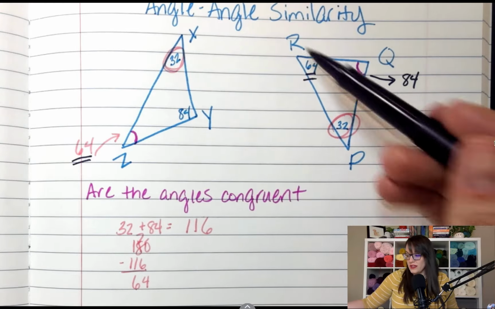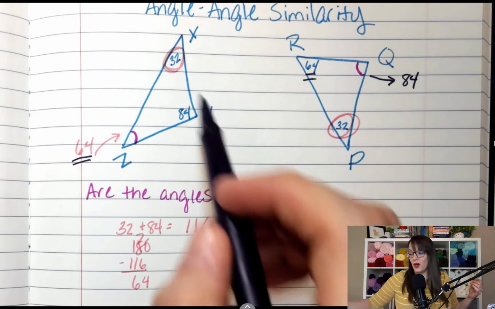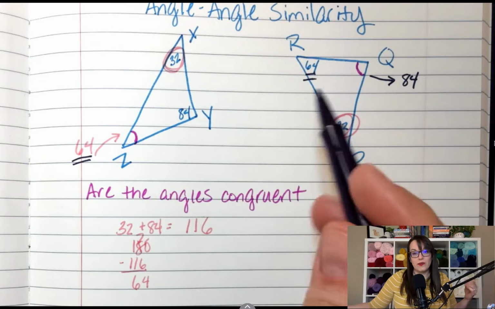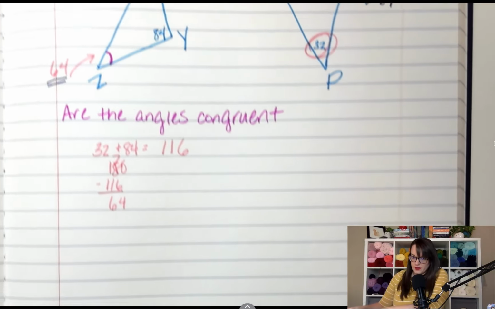We have two of the same numbers already. So the third angle has to be the same. And that's basically how angle-angle similarity works. All you need is two over here and two over there to figure out if the third one makes them the same. Now let's look at more triangles.